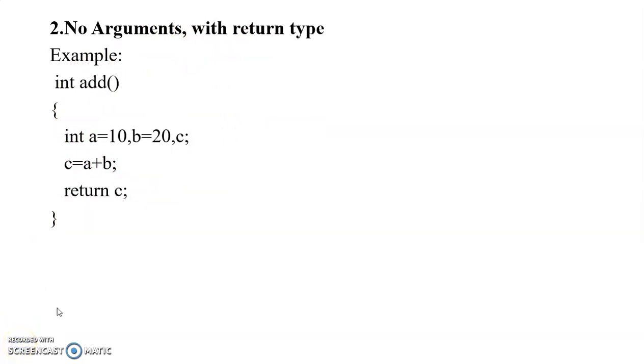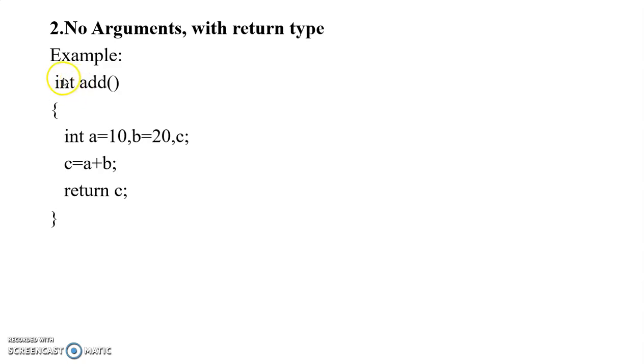Okay, so this is my second category, that is no argument with return type. Again we are taking the same example, but the definition is different. Where I'm saying with return type, wherever I'm defining the function, your return type should be either integer, float, double, anything.